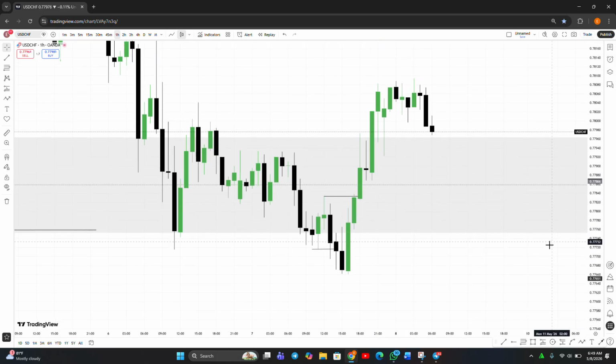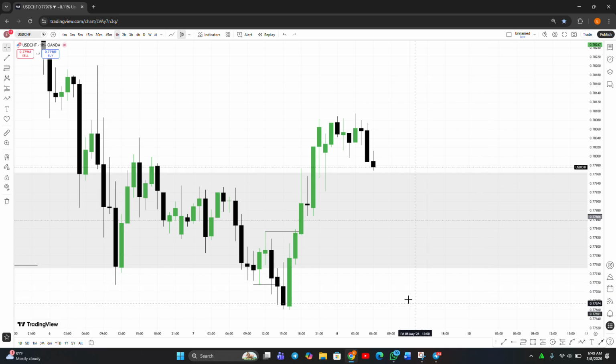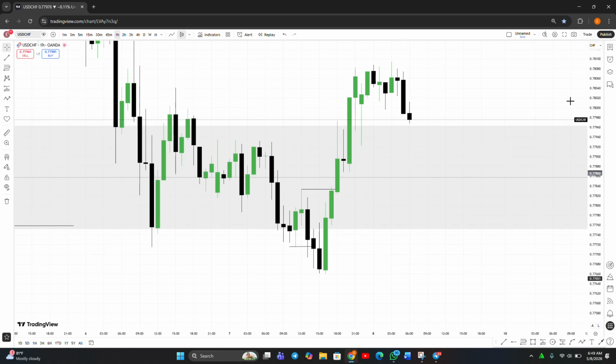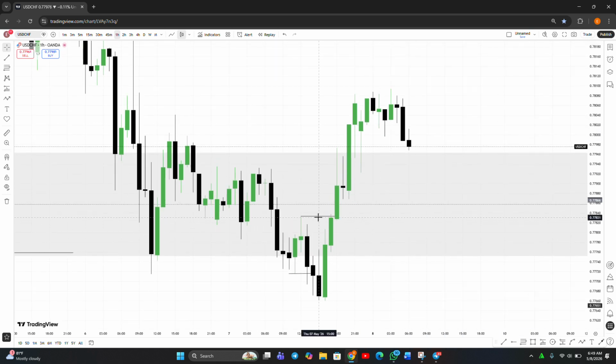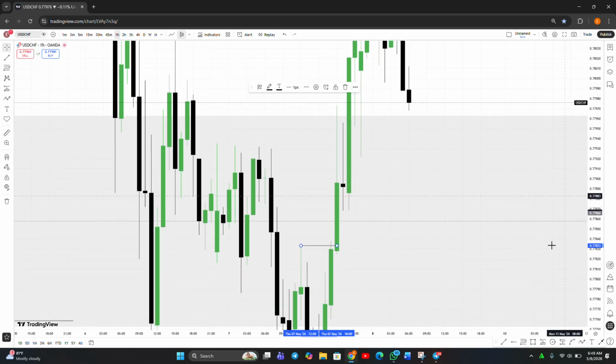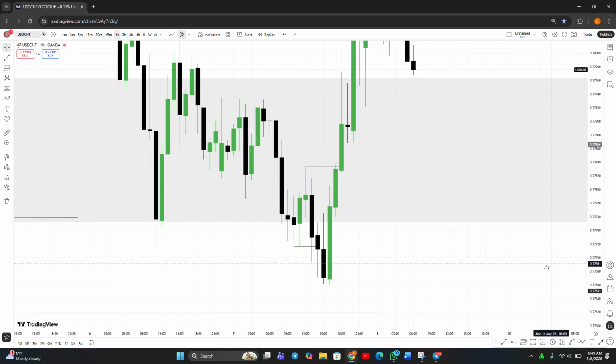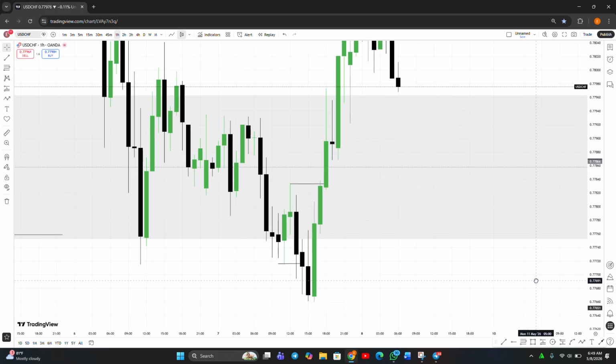Now, mind you, these are just rules I put in place before I take a trade, due to my study and back testing. These are rules I actually had to put in place for myself. I won't be able to take the trade on the 1 hour entry time frame because I had my stop hunt, but I didn't have a good break of structure.